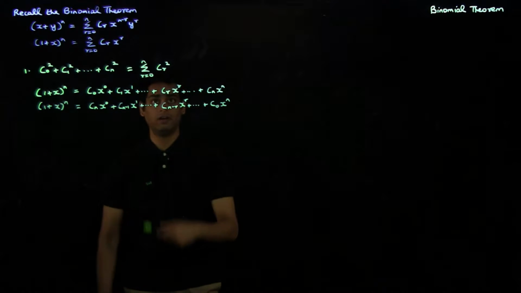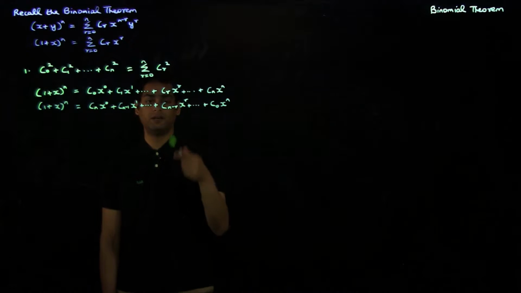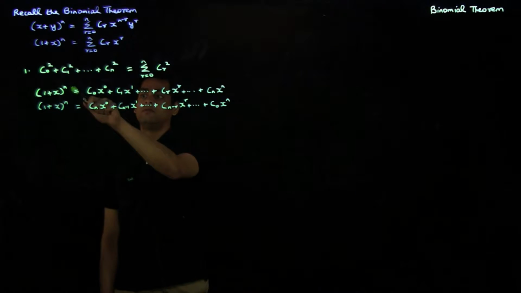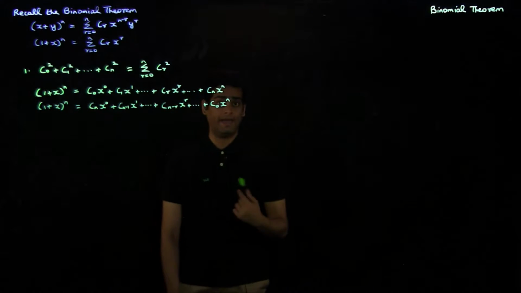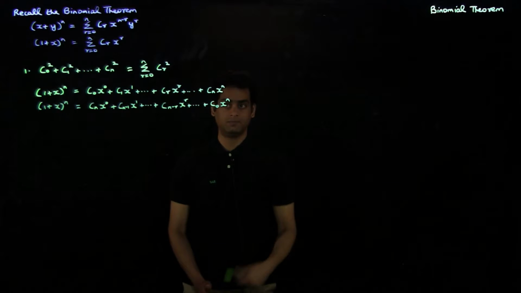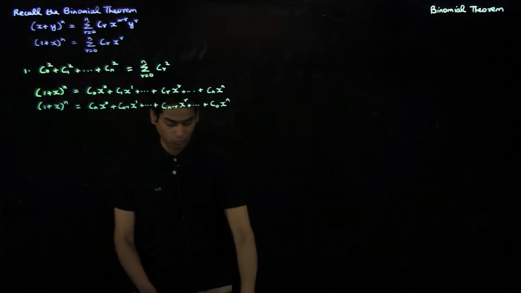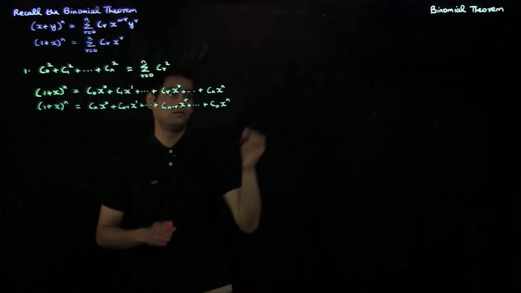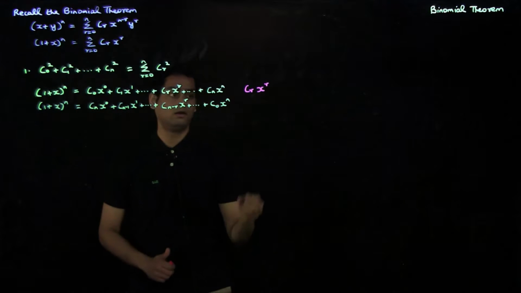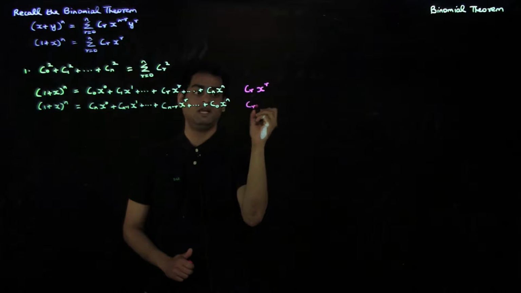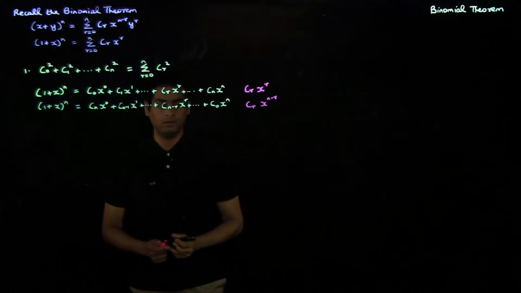So if we're trying to generate cr square, then we could generate cr square by multiplying these two expansions and looking at an appropriate power of x in the resulting expansion. So to obtain cr square, we would want to look at, we have cr x power r here, and we have cr appearing as the coefficient of x power n minus r in the second expansion.